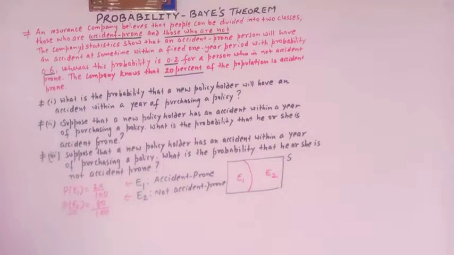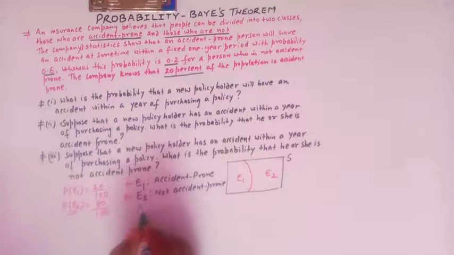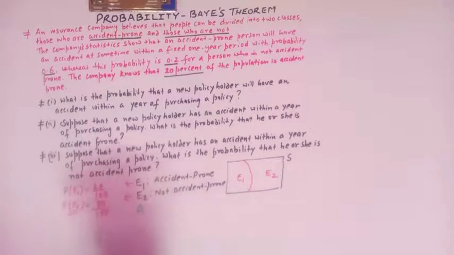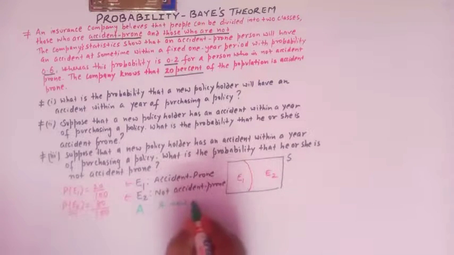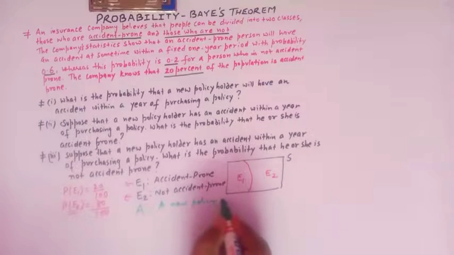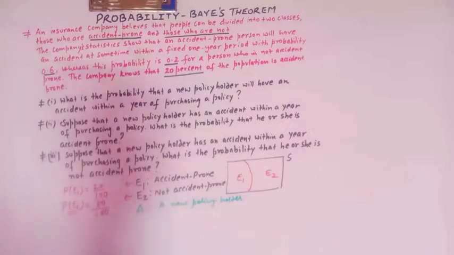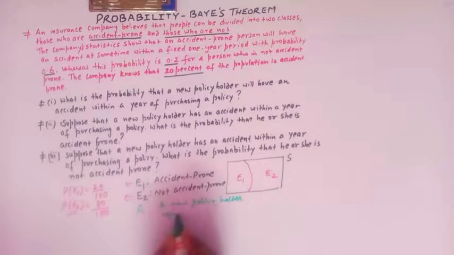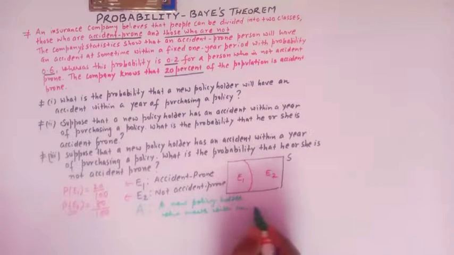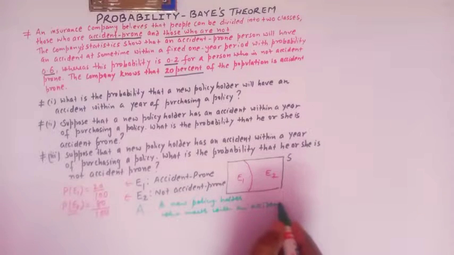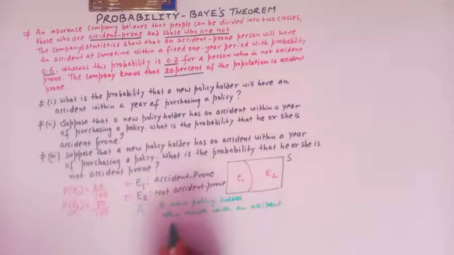Now let us define a new event A, which denotes a new policy holder who meets with an accident within a year.